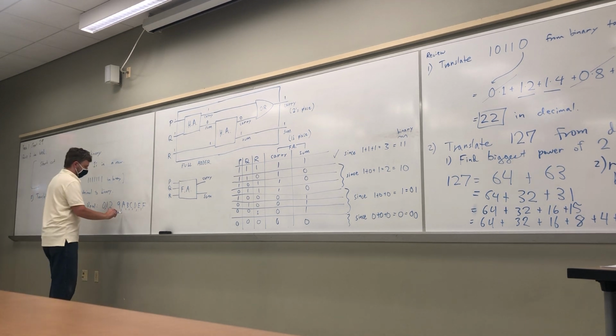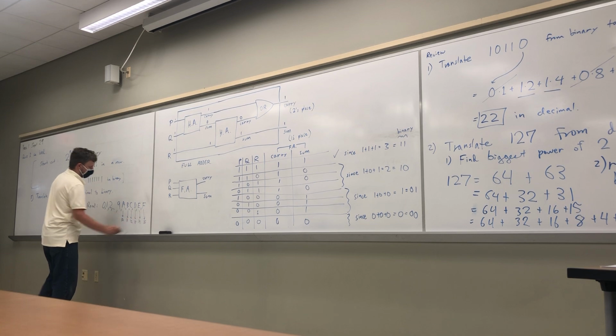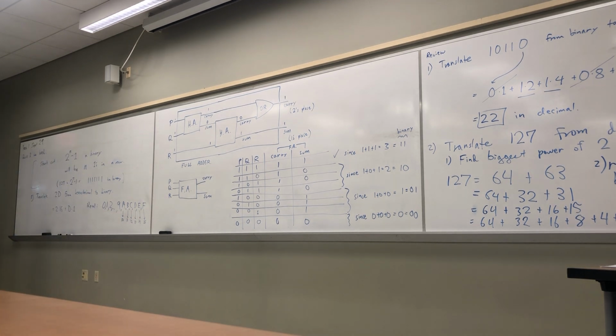So 10, 11, 12, 13, 14, 15. I almost always have to write that down for myself so I can be sure that I have it. So D is actually 13, so this would be 2 times 16 plus 13 times 1.